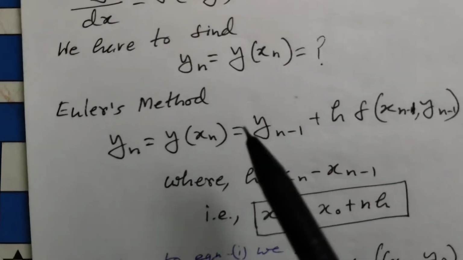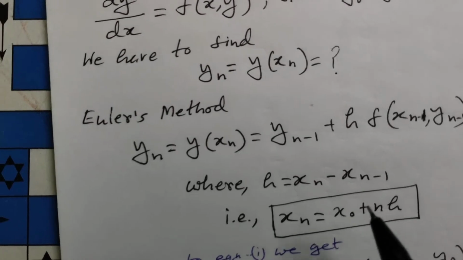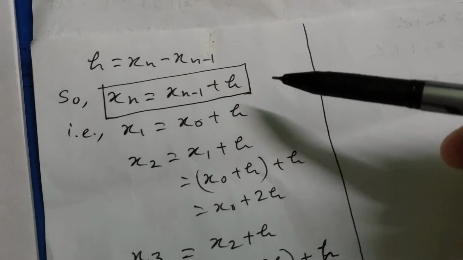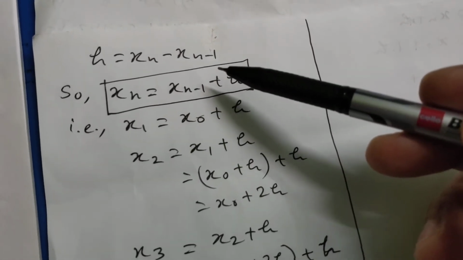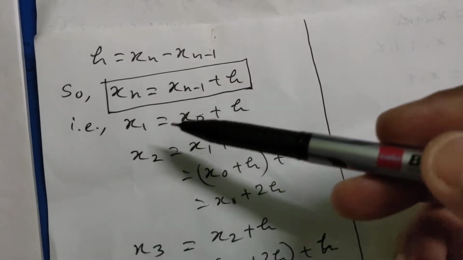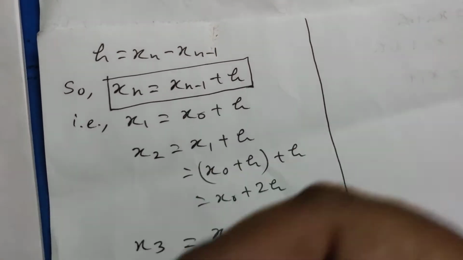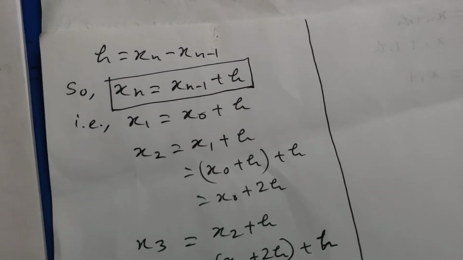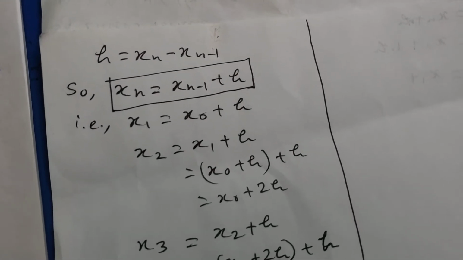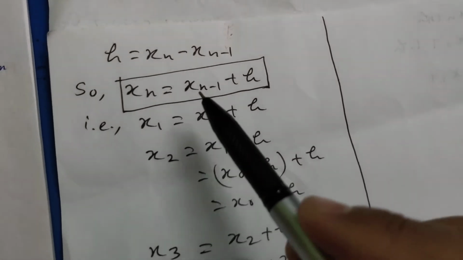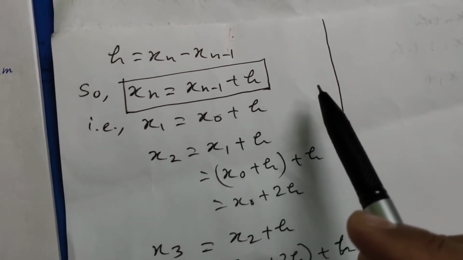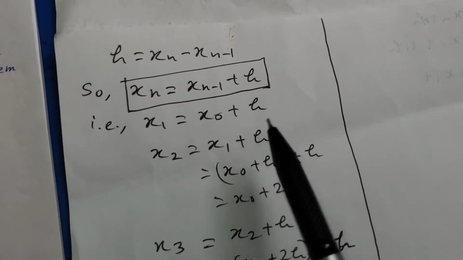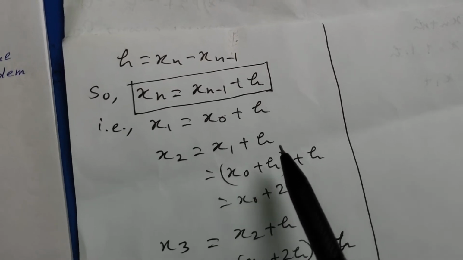Now, how can we get this xn equals x0 plus nh? Let us consider this. h equals xn minus x(n-1), which is actually the difference between xn and x(n-1), that is the interval between two x values. So xn equals x(n-1) plus h. In this way, x1 equals x0 plus h, and x2 equals x1 plus h.